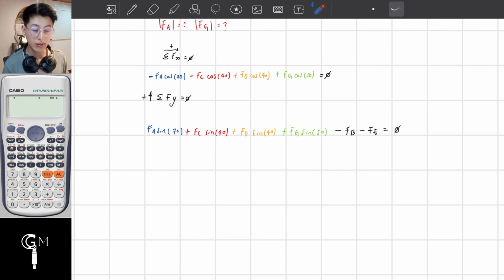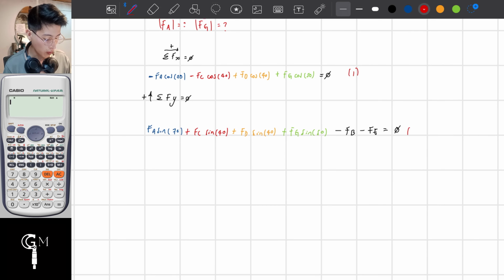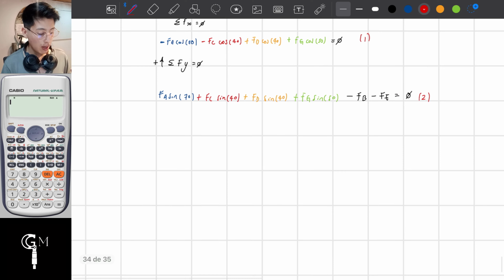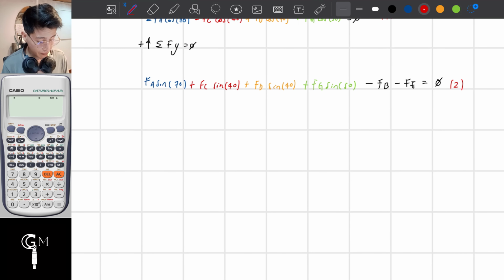The exercise is solved. What I'm going to do is call, for example, this equation number 1 and this equation number 2, and I'm going to solve one of the unknowns within one of the equations. I don't really care which. So, for example, I'm going to solve FA from equation 2.